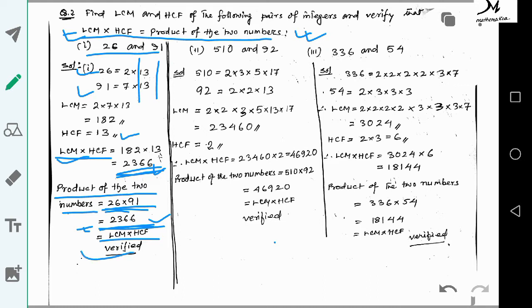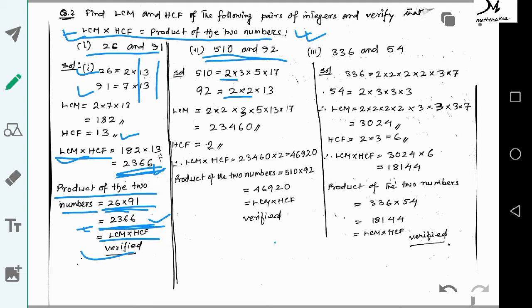Okay, similarly here also, in order to find the LCM and HCF of 510 and 92, we have factorized. I have written the product of their prime factors. Okay, now you see, you need to be careful when you find LCM and HCF. Now you see the prime factorization of 92 consists of two 2's and the prime factorization of 510 consists of only one 2.